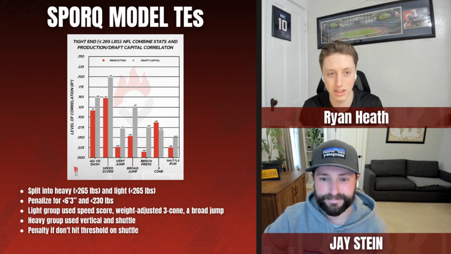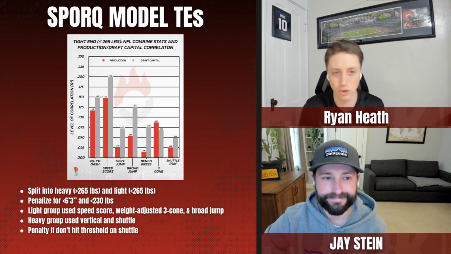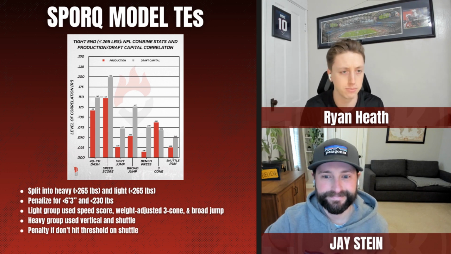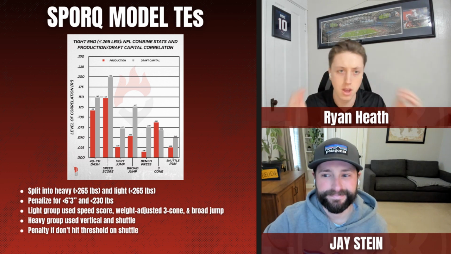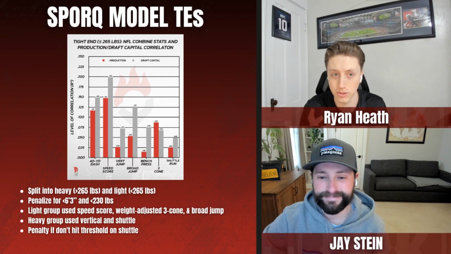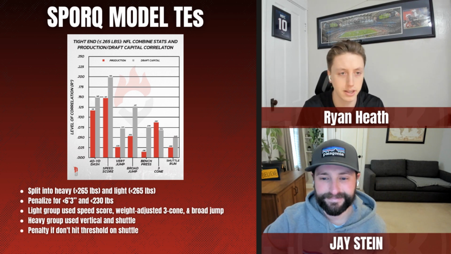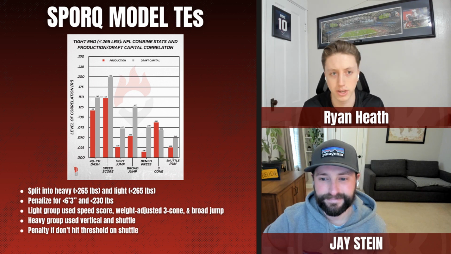So I didn't want the heavy guys and all of their measurables biasing what I'm looking for in the actual potential fantasy contributors. So I just split them up in the model, and they have completely different weights for each of them. For the lighter guys, the fantasy relevant guys, speed score is the biggest thing. Again, a weight adjusted version of the 3-cone drill I found to be fairly predictive.